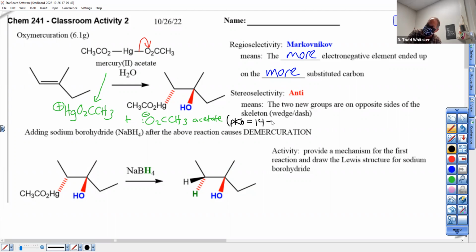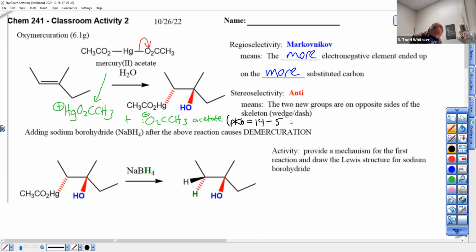What functional group is that? HO2CCH3. Can't do the pKa if we don't know the functional group. Carboxylic acid. What's the pKa of a carboxylic acid?